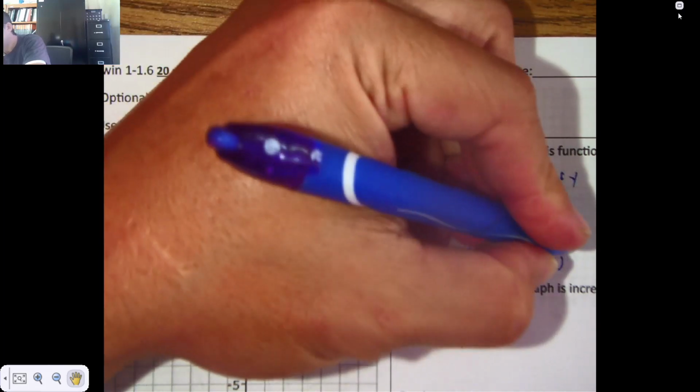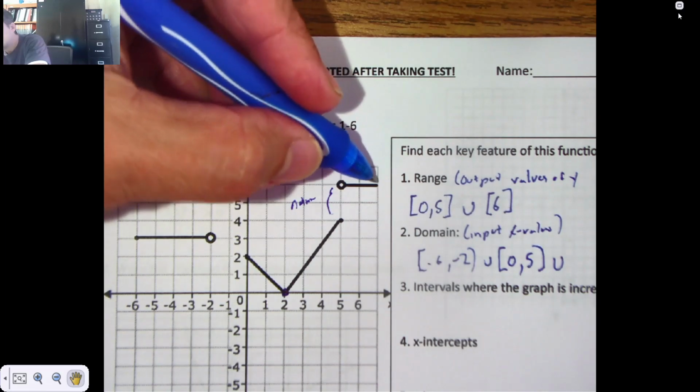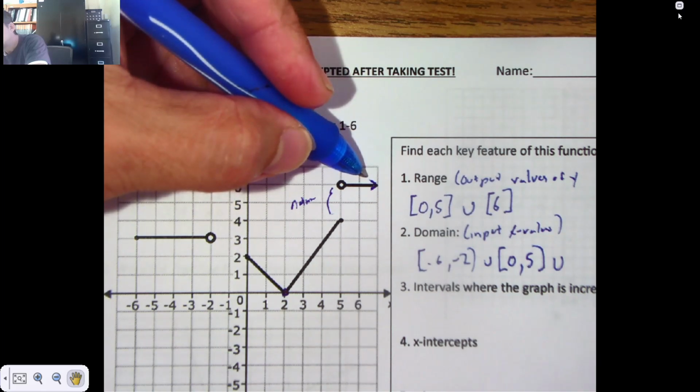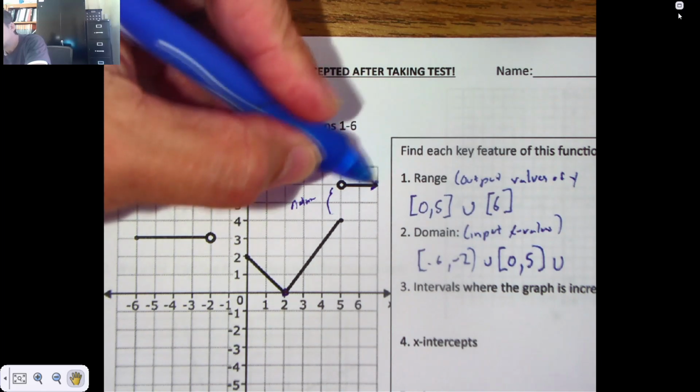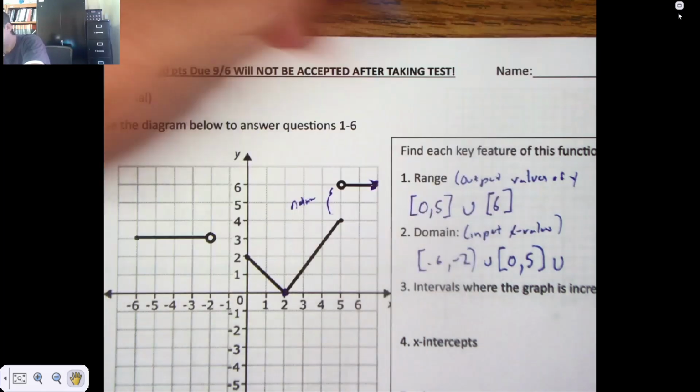Then I have to pick my pencil up. I start here, and I move right. It doesn't say how long. I probably should have put an arrow there, but we'll just say it stops at 7, because I have no idea what goes on after that. So from 5 to 7.